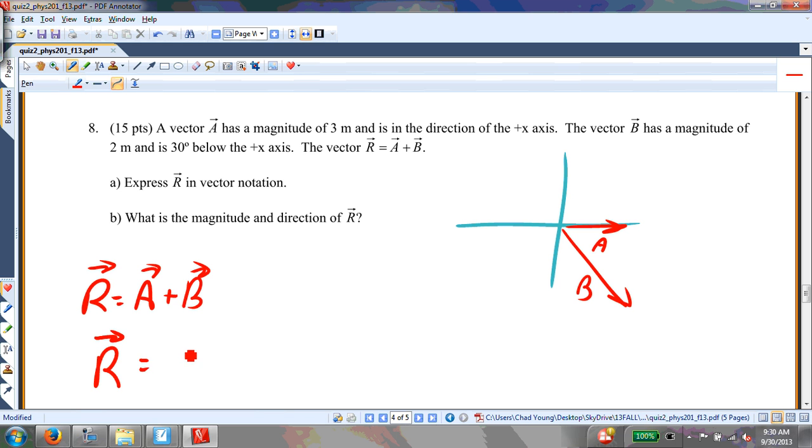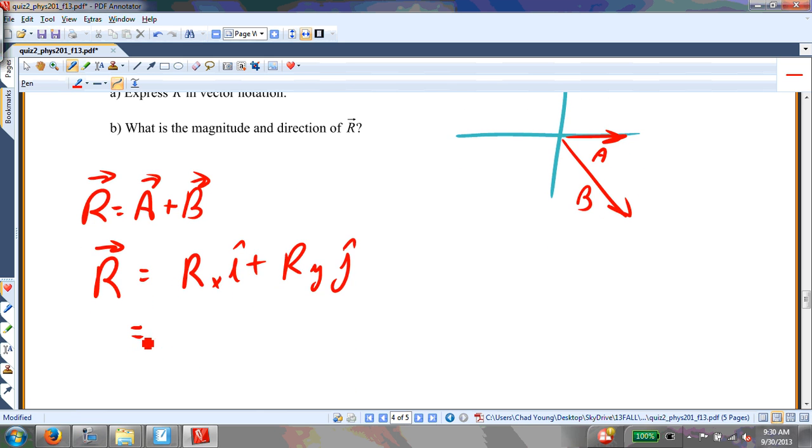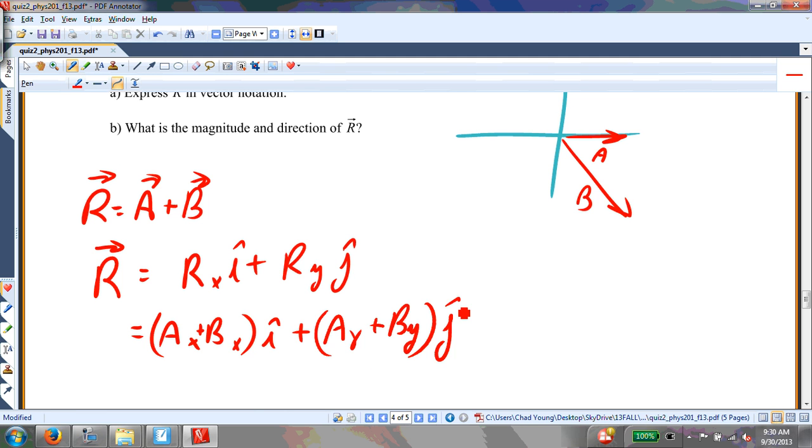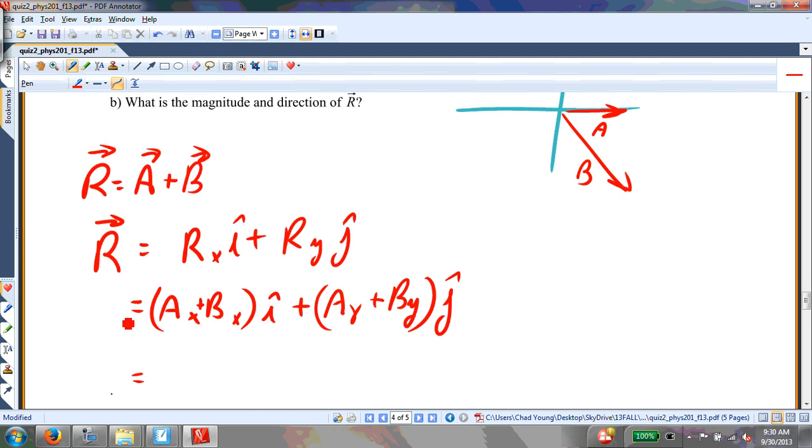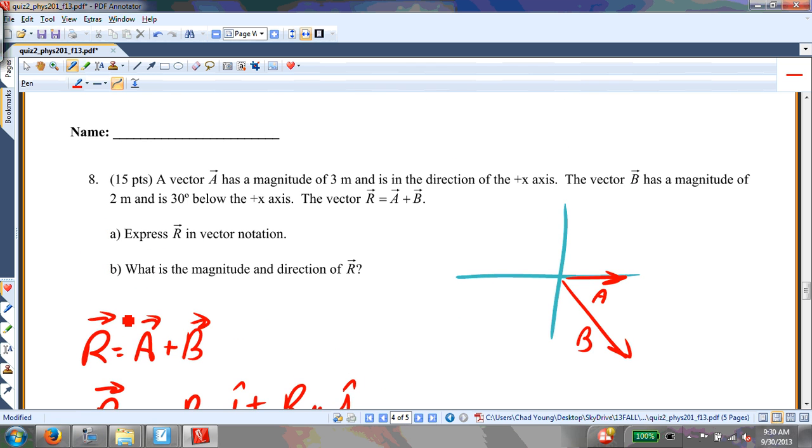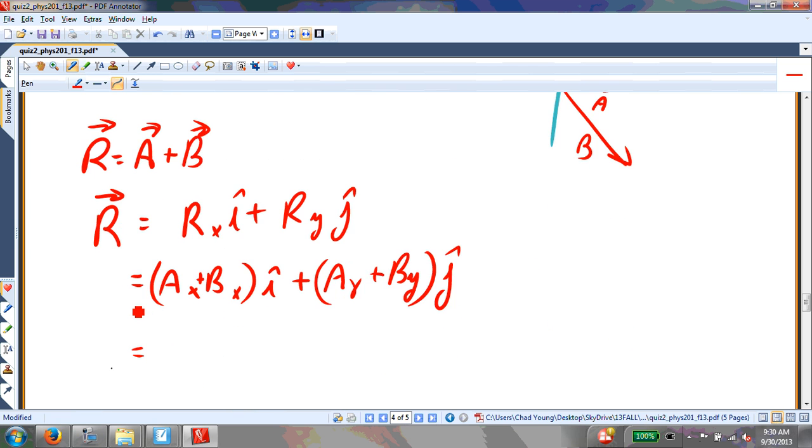So remember, R is going to equal Rx plus Ry. Rx is equal to Ax plus Bx. Ry is Ay plus By. Ax is just the magnitude of the vector, that's 3 meters. And then Bx is 2 cosine 30. Ay is 0.